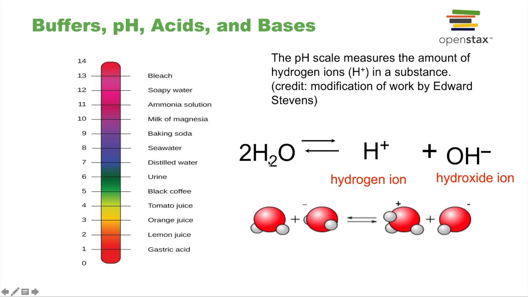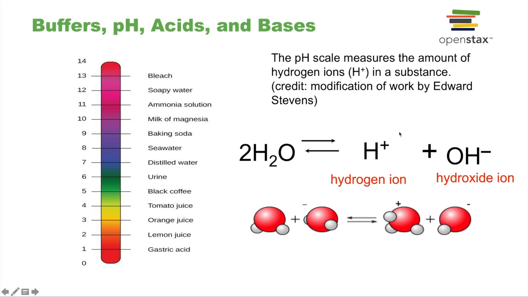As I mentioned, water dissociates into ions, and it happens at a very low frequency, but it does happen. Now, the amount of hydrogen ions in a solution is a very, very critical factor in how life functions. If we have too much of it or too little of it, the systems in our bodies don't function.